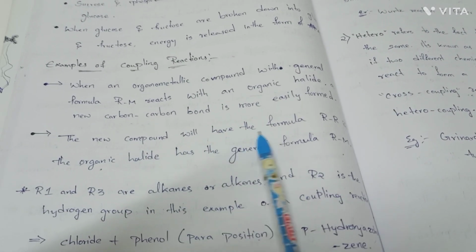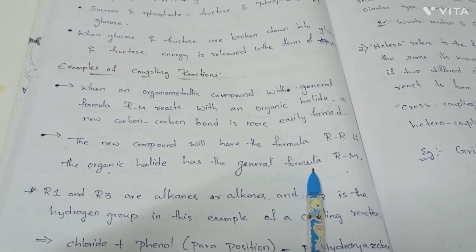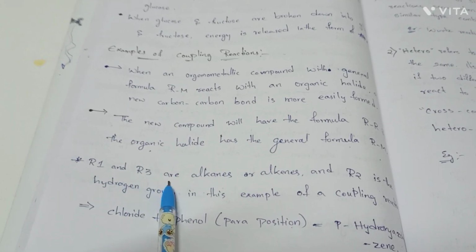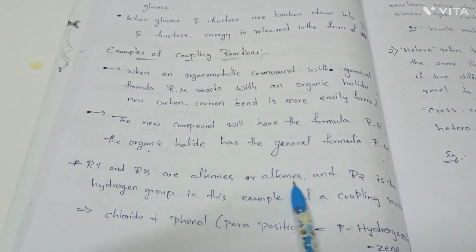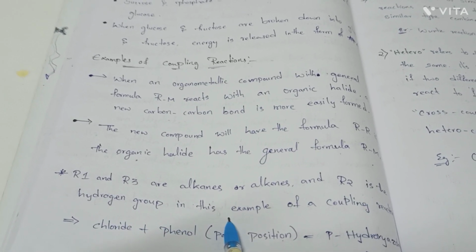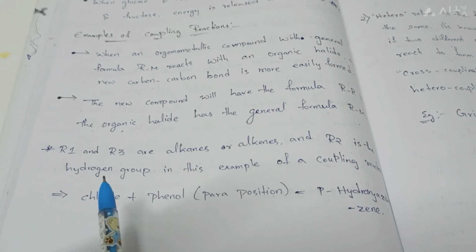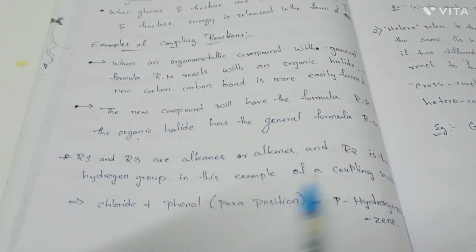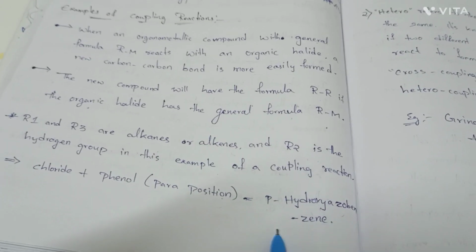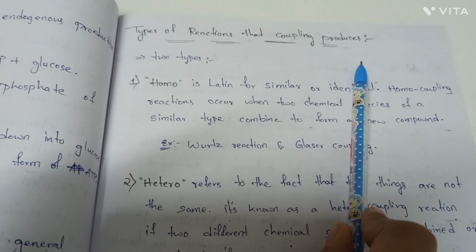A new compound will have the formula R-R if the organic halide has the general formula RX. R1, R2, R3 are alkanes or alkenes, and R2 is the hydrogen group in this example of a coupling reaction. For example, chloride plus phenol in the para position is equal to p-hydroxyazobenzene.